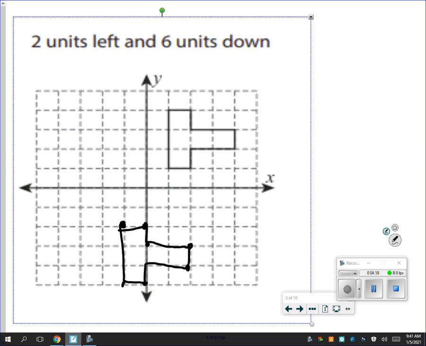Mine's a little bit off, but the new one is the prime, and the old one is the pre-image, the original.